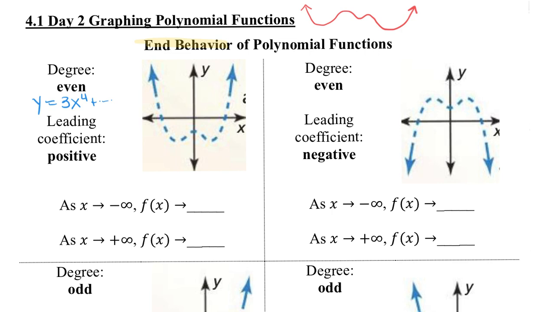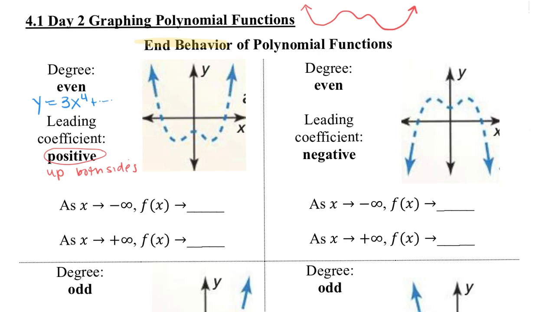If it's an even degree, it does the same thing on both sides. So even means the end behavior matches. The two arrows need to match. Since it's positive, it goes up. So it goes up on both sides. So if it's an even degree, it's going to go up on the left and up on the right.